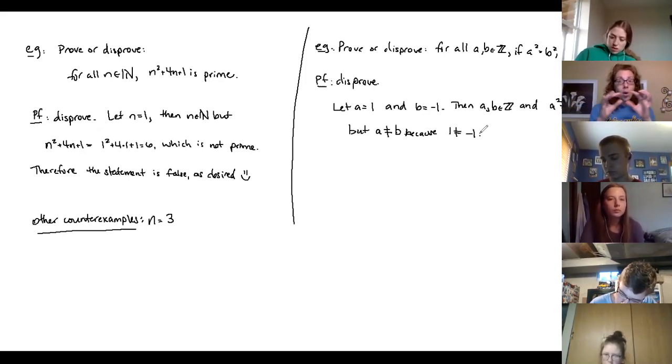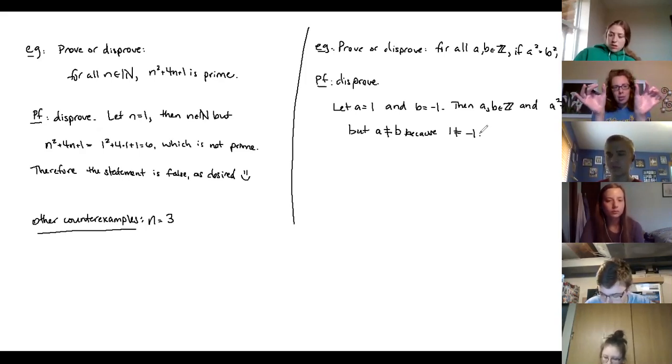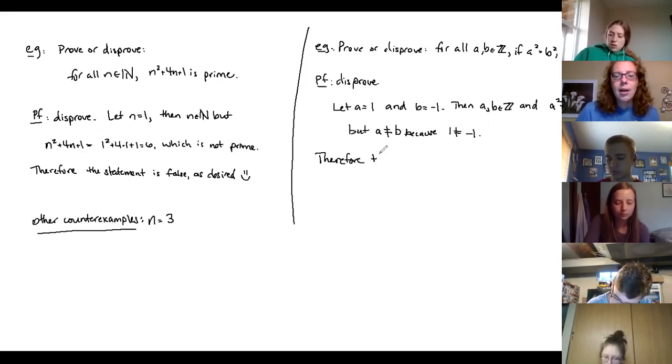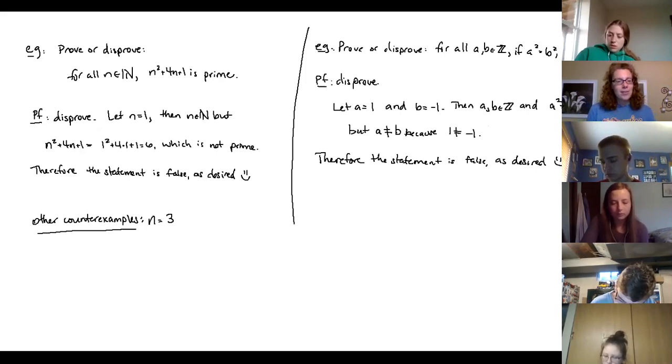The only way the whole implication is false is if the hypothesis is true and the conclusion is false. So I want to have that whole implication false. And then we can say, therefore, the statement is false as desired. Good. Smiley face. Questions on that one?